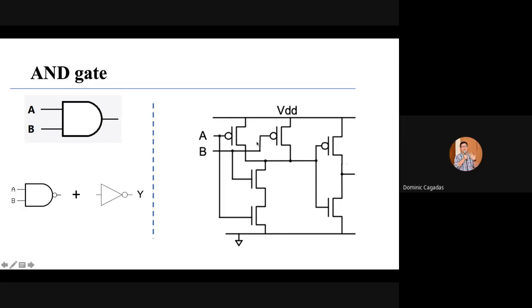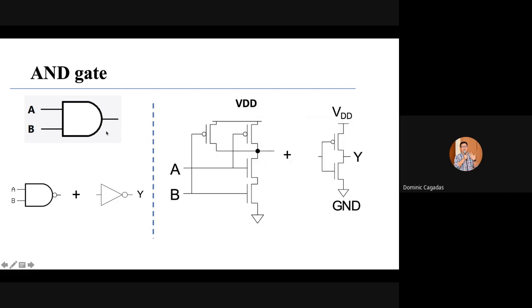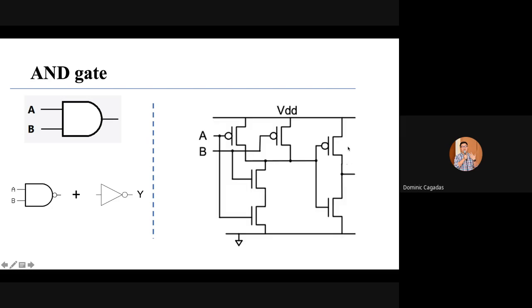So your AND gate here, you have 2 parallel PMOS, 2 series NMOS plus inverter. So when you combine them, you have your 2 PMOS in parallel and then the NMOS in series.